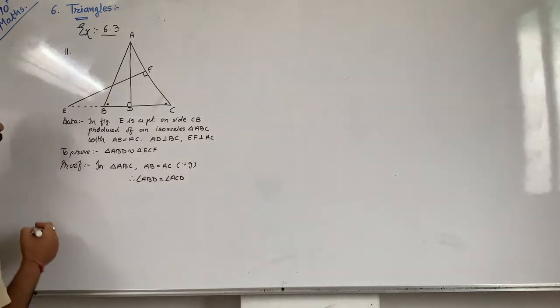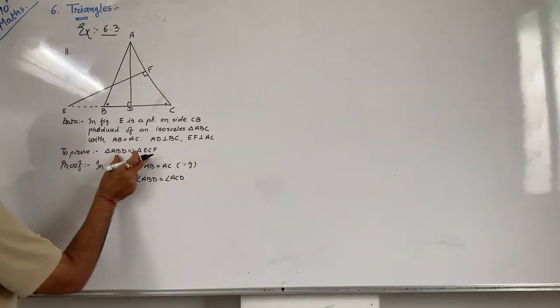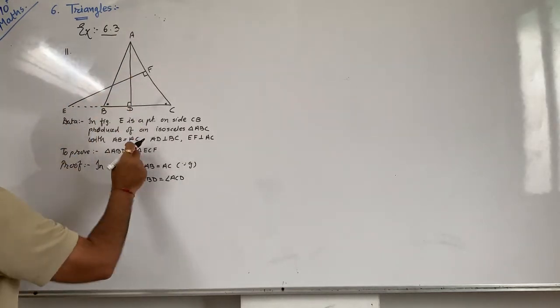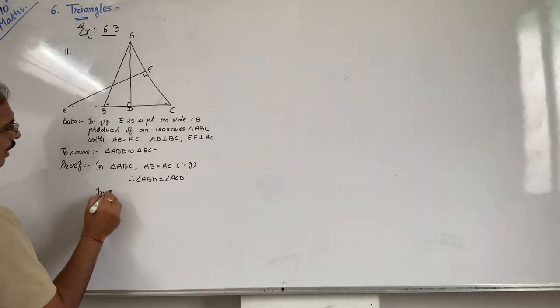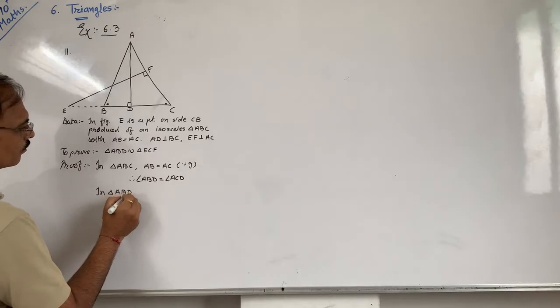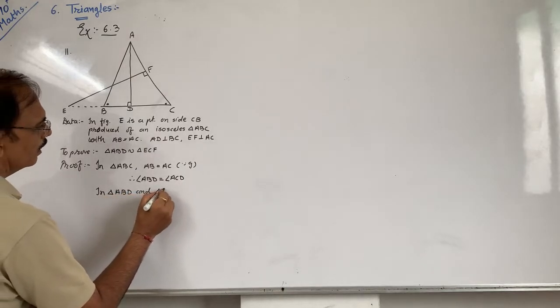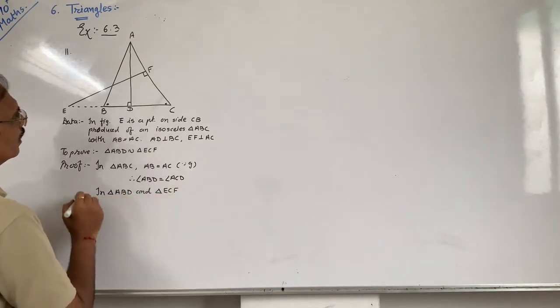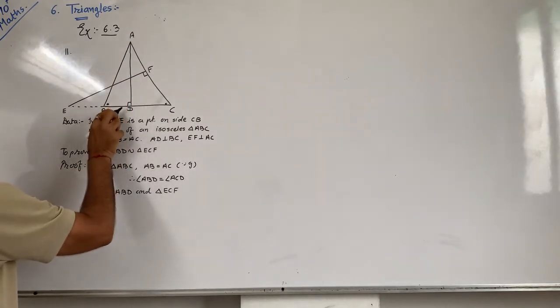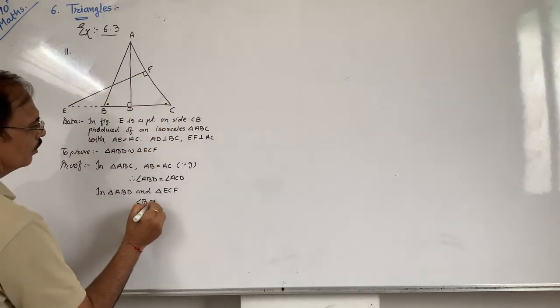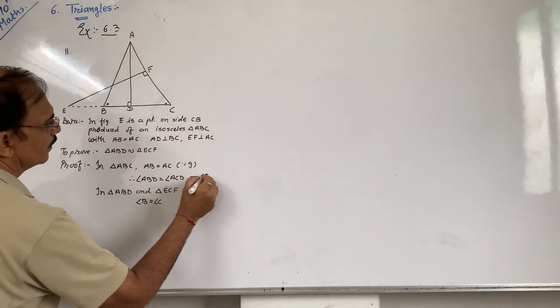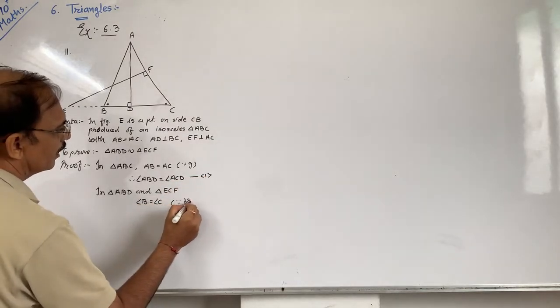Okay. Now see from the diagram, select these two triangles, ABD and ECF. In triangle ABD and triangle ECF, angle B and angle C: angle B equal to angle C. From 1 we derived it.